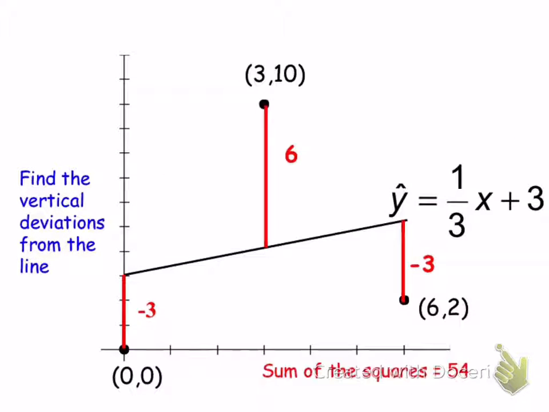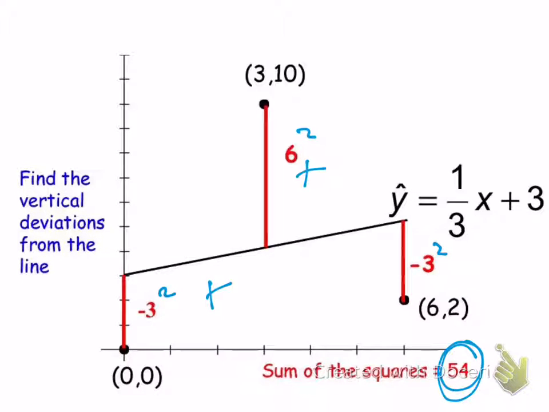If I square them, add them together, that number is 54. So if I squared these and then added them together like we did for variance, remember that. This 54 represents the smallest number possible of squaring and adding the deviations.